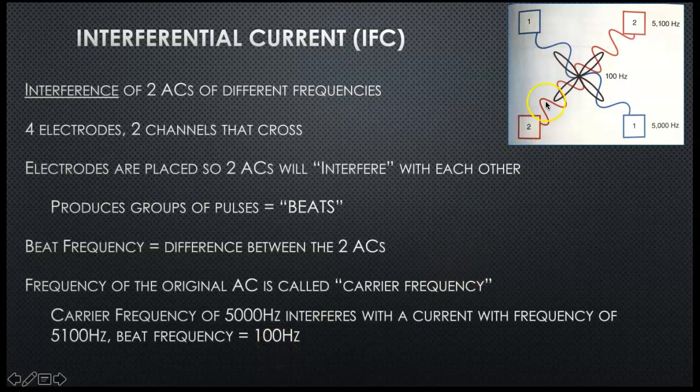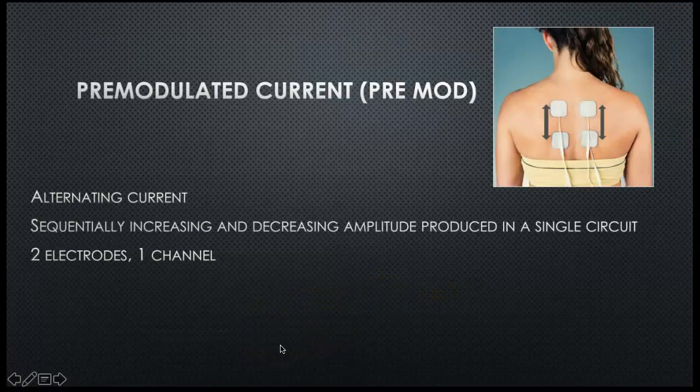The original frequencies, like the 5100 and 5000, are called carrier frequencies. On the machines, you get to choose the carrier frequency, and that determines the beat frequency. Premod, or premodulated current, is an alternating current that sequentially increases and decreases in amplitude. It feels like it's phasing up and down, and it is 2 electrodes, 1 channel.